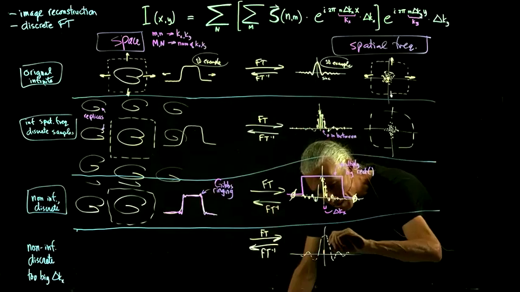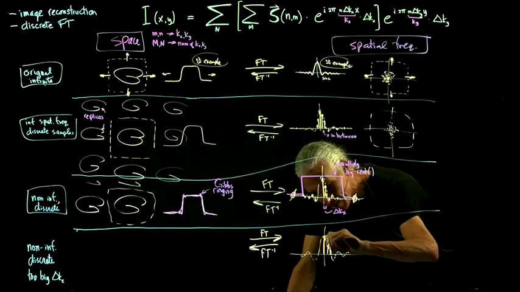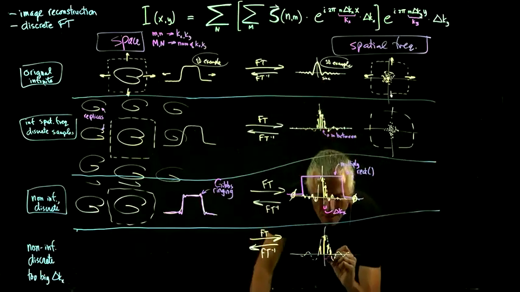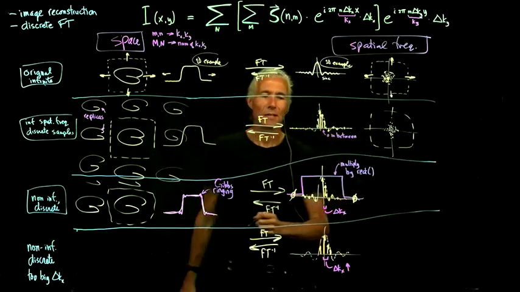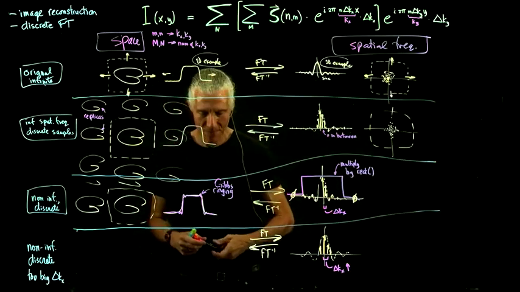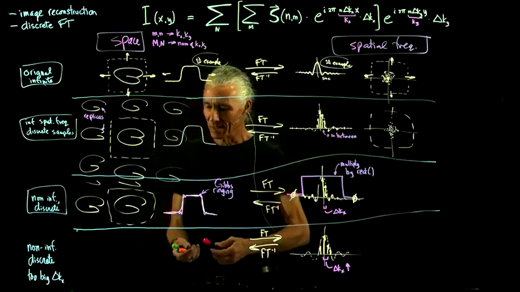So we sample the center of K-space, but we're not sampling as often in K-space. So delta kx is up. We made that bigger. Now what happens when we reconstruct?